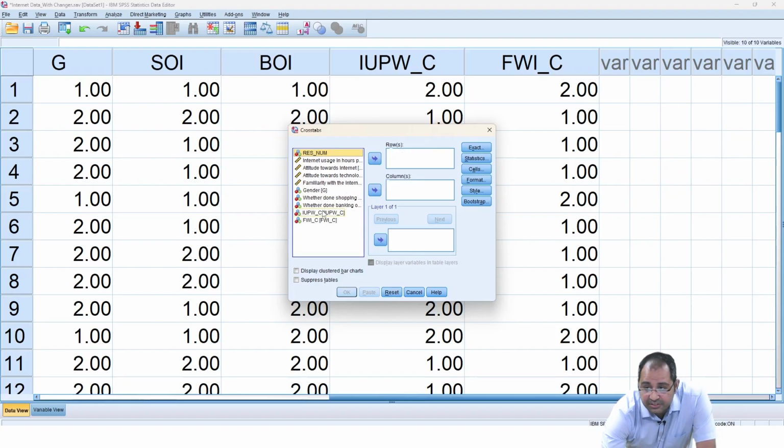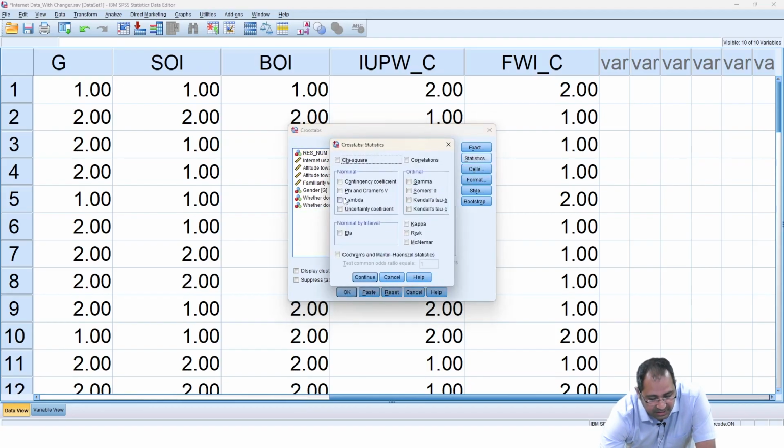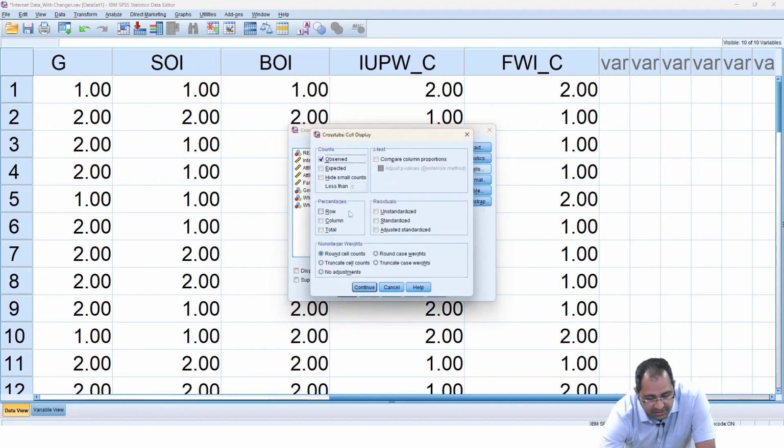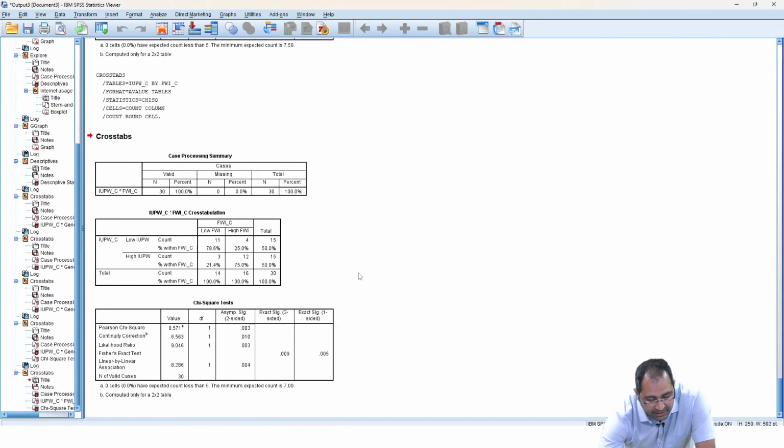Familiarity and internet usage. So familiarity will go where? Column. Row. Go to statistics. Chi-square. Continue. In cells, percentage is column wise. Continue and click OK.